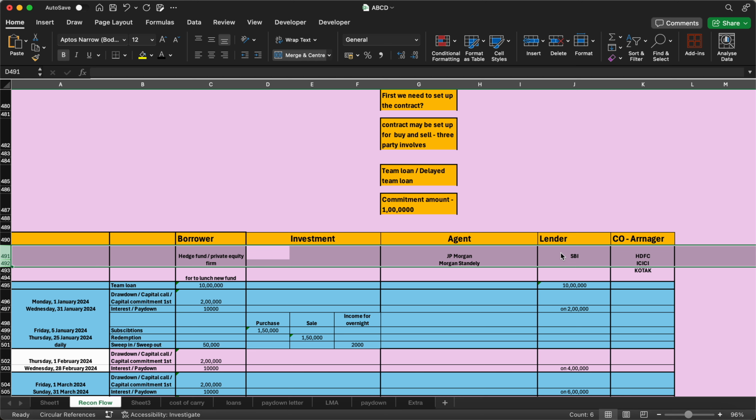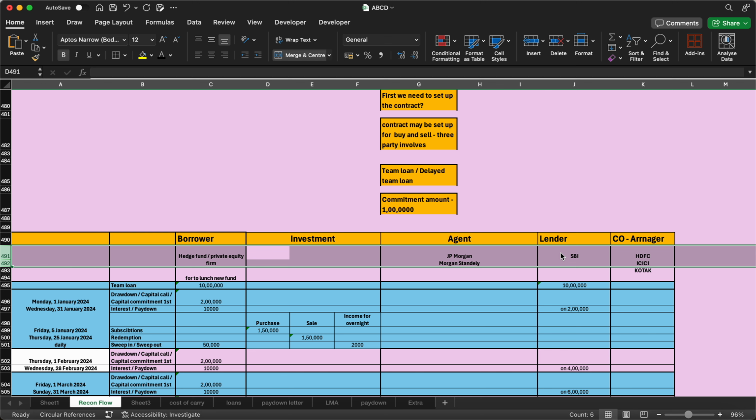The commitment amount is here just to link and help understand what I am explaining. The term loan amount is the commitment amount. The commitment amount here is 10 lakh rupees, out of which they have withdrawn some. It's called a capital call, or capital commitment first.